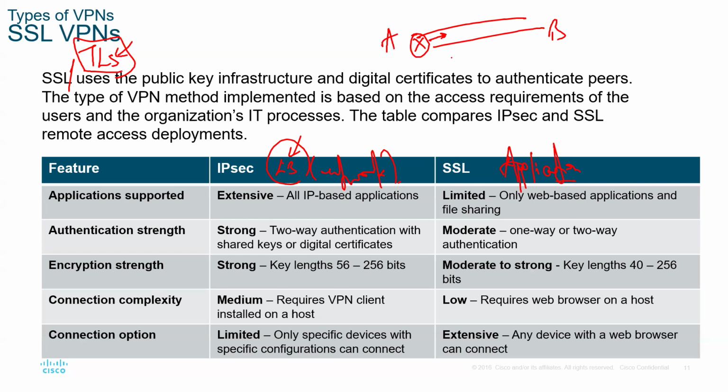On the contrary, if I encrypt using SSL, my traffic is encrypted at layers 5, 6, 7. It means I can select applications, and not encrypt others. For example, between A and B, I can choose not to encrypt web traffic. So SSL allows you to separate different types of traffic.